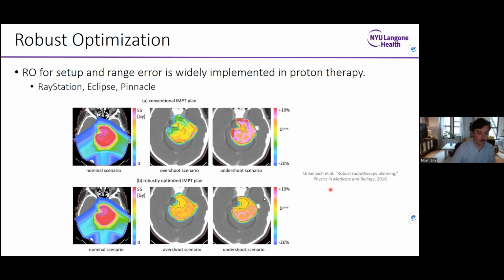It's just a survey paper comparing robustly optimized intensity modulated proton plans with conventional proton plans, which are based on margins. And you can see that, and this is modeling CT calibration curve errors, the plans that aren't robustly optimized potentially have greater changes or greater dosimetric effects.